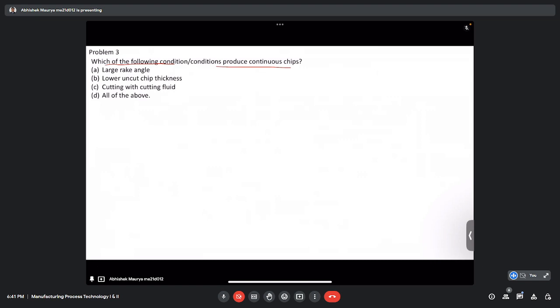If you remember, there were different types of chips discussed in the lectures. One is the continuous chips, one is the segmented or serrated chips, and another is the discontinuous chips. And this question is a little tricky, so let's try to discuss it one by one.